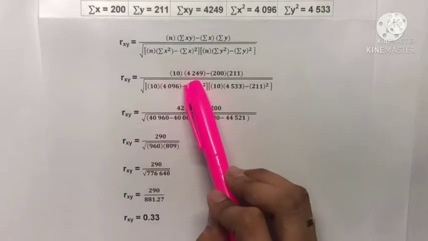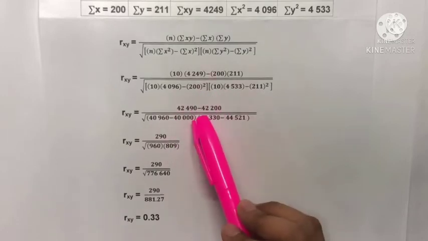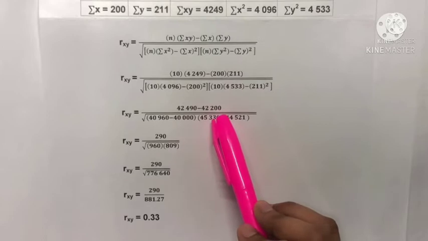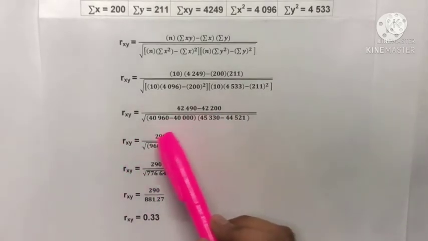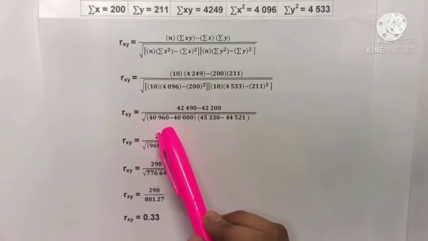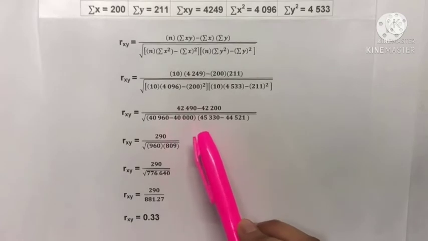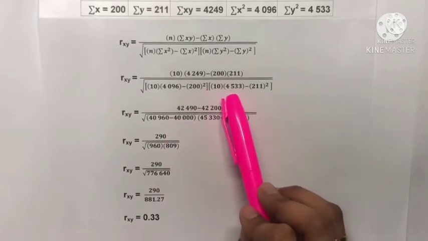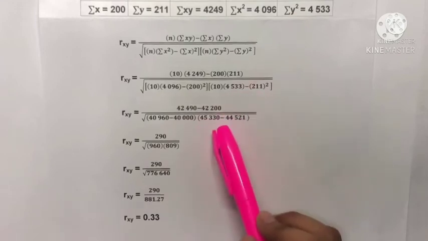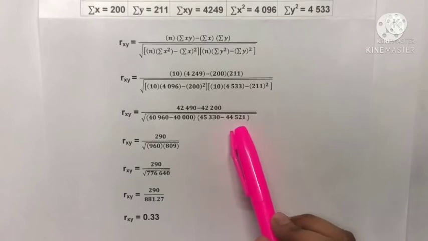So we have 10 times 4,249 is 42,490 minus 200 times 211 is 42,200 over the square root of, so 10 times 4,096 is 40,960 minus 200 times 200 is 40,000, times 10 times 4,533 is 45,330 minus 211 times 211 is 44,521.